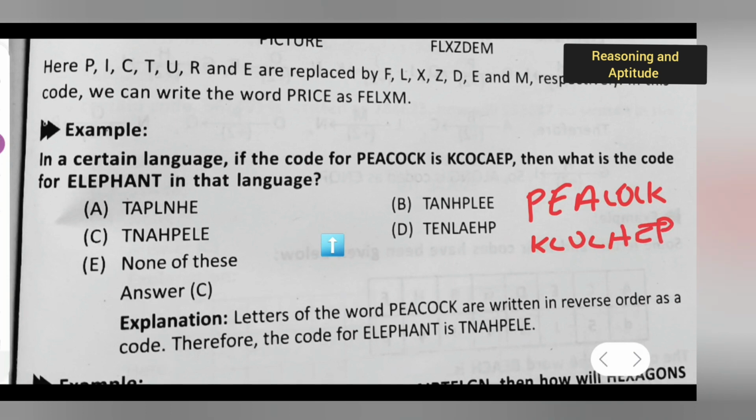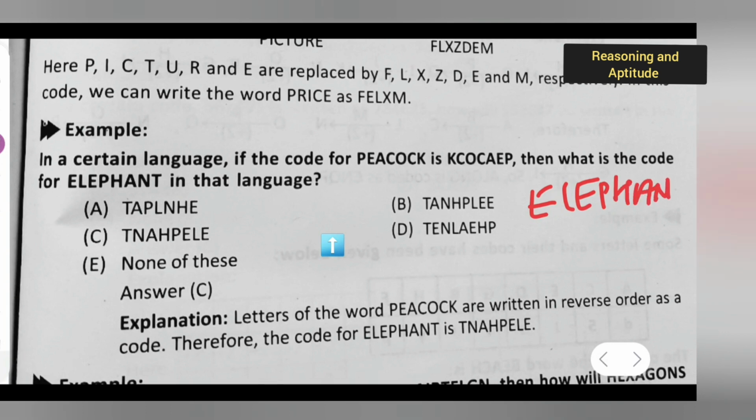So obviously for elephant also it should be reversed. ELEPHANT reversed will be TNAHPELE. So obviously option C is the correct option. I hope you have all understood the solution and why option C is correct.